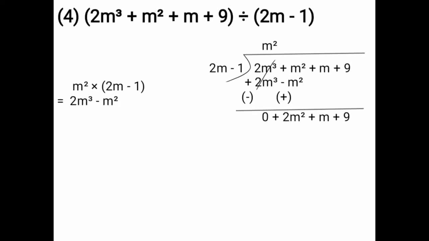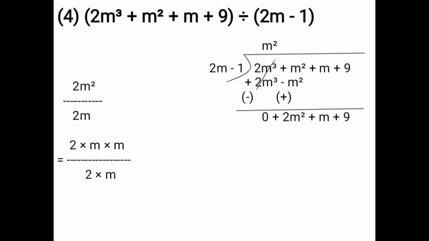Now you have to divide 2m square by 2m. 2m square upon 2m is equal to 2 into m upon 2 into m. 2 gets cancelled, m gets cancelled. So what will remain? m. After dividing the second term by 2m, you are getting the quotient m.